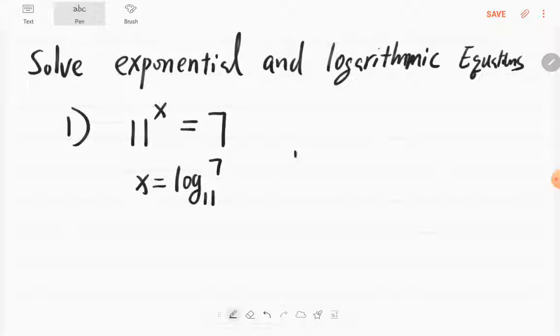But the more common way is, since these two are equal, we can take the same logarithm on both sides, and it will still be equal. For our convenience, we take the natural log on both sides. So you will have the natural log of 11 to the x equals natural log 7.